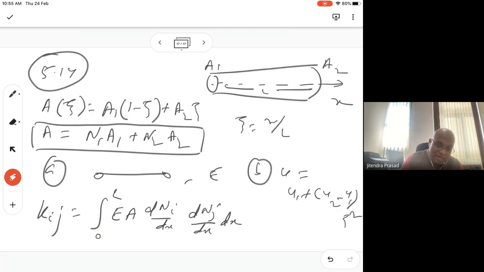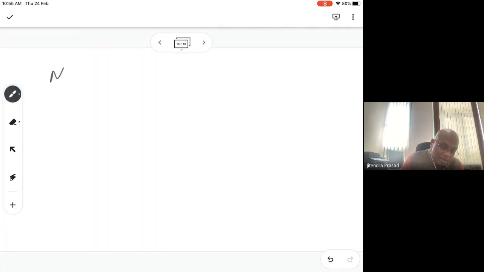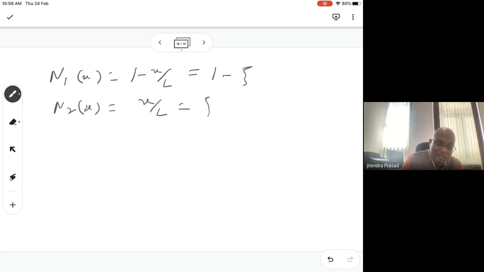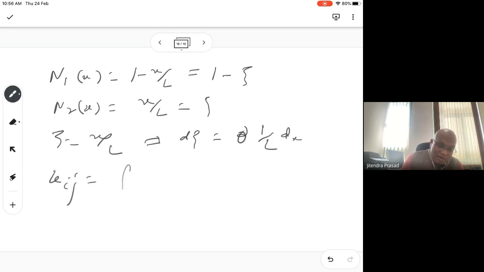Here we know that N1(x) is equal to 1 minus x over L, which is equal to 1 minus xi. N2(x) is equal to x over L equal to xi. Right? So we are converting, since xi equal to x over L, d xi equal to 1 over L dx. So that means Kij we can convert from 0 to 1.